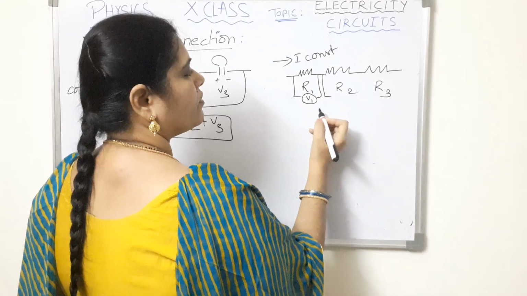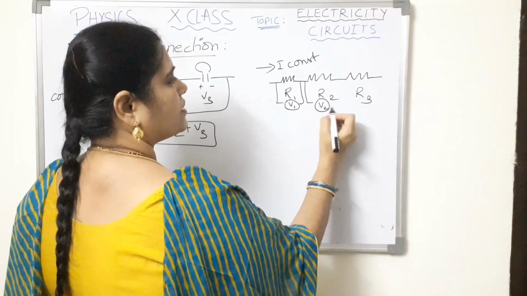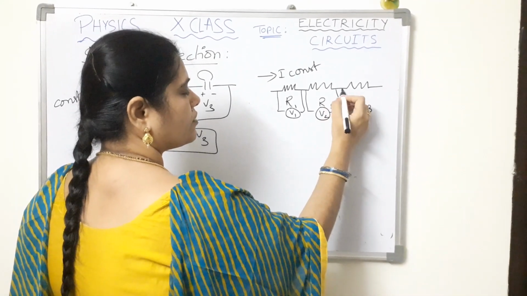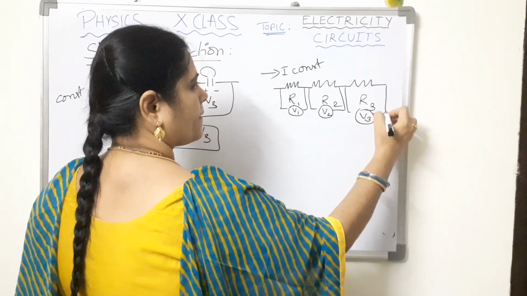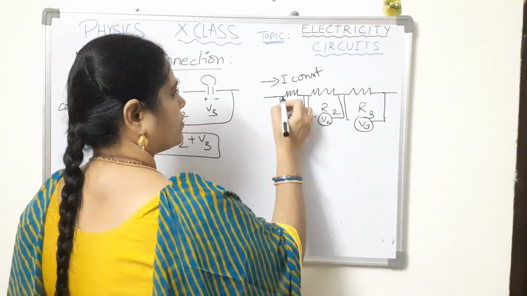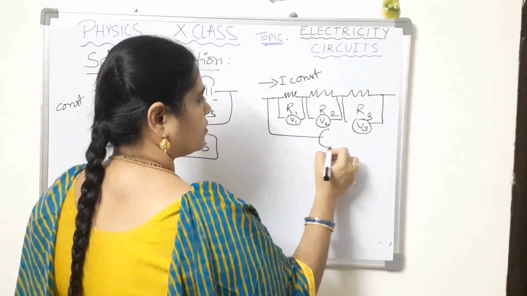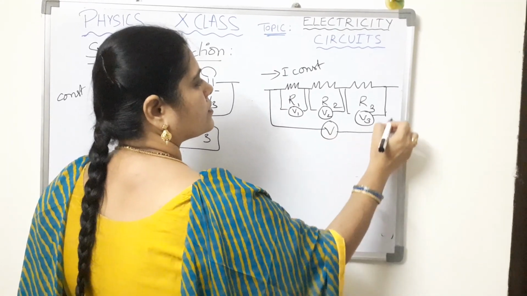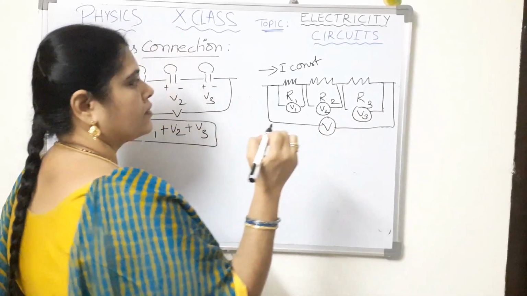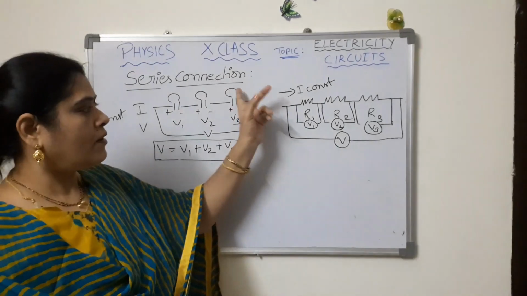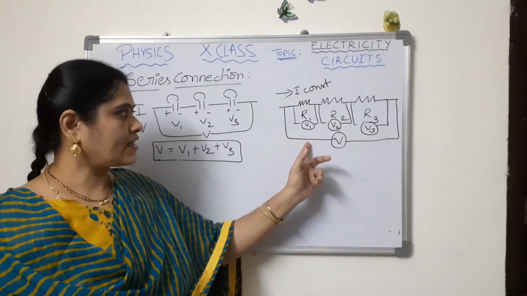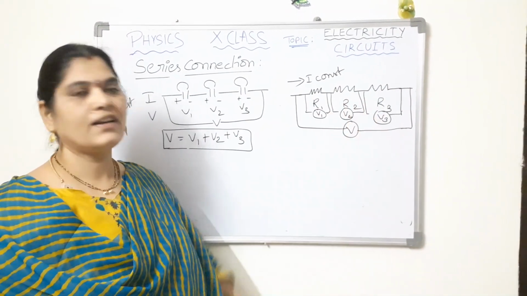This is V1, and this is V2. And you come to V3 like this, and find the total potential difference. And this is the circuit, which is the series connection, and resistors are connected like this.